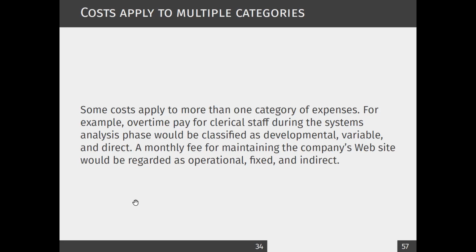So overtime payment could be a development cost because it's directly relevant to the development. And it's variable, because it depends on the number of extra hours you work. And it's a direct cost because it's directly related to our project.